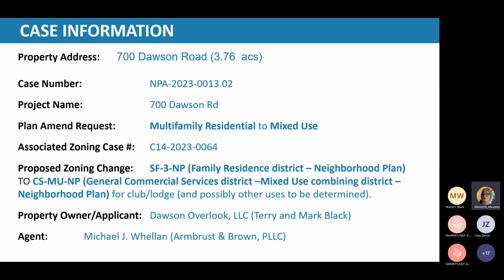The proposed zoning change is to go from SF3NP, which is Family Residence District Neighborhood Plan, to CSMUNP, which is General Commercial Services District, Mixed Use Combining District Neighborhood Plan, for a club, lodge, and possibly other uses to be determined. And this is information taken from the plan amendment application.